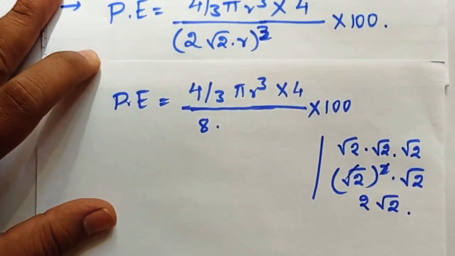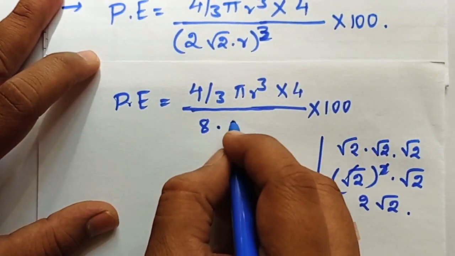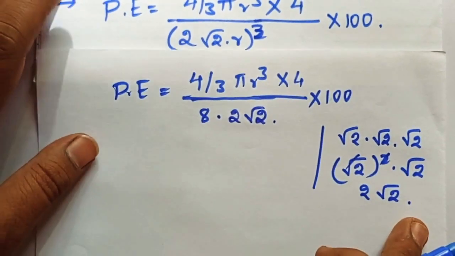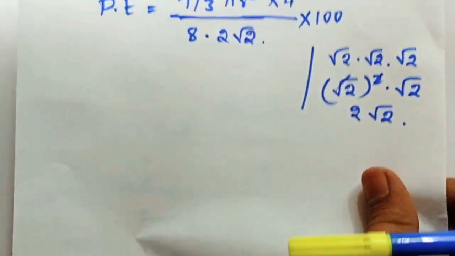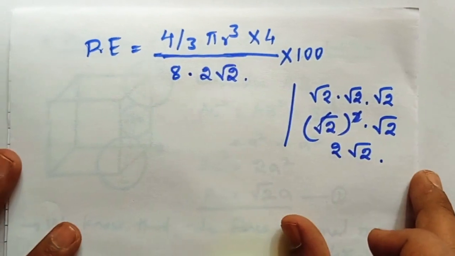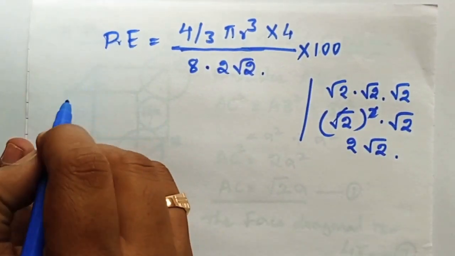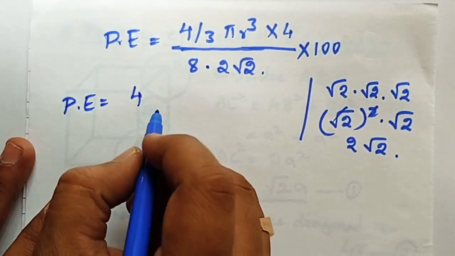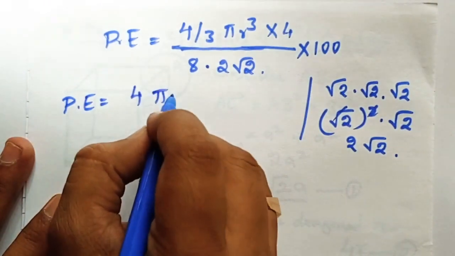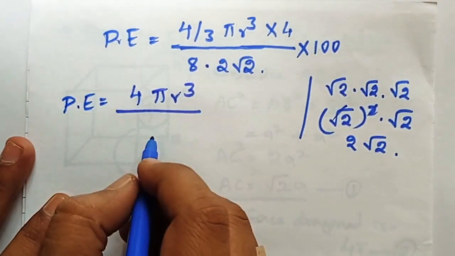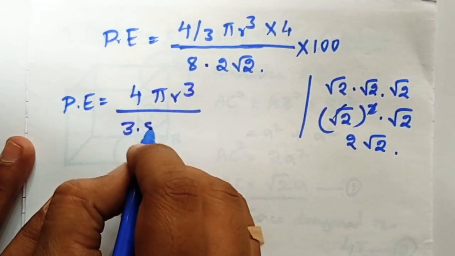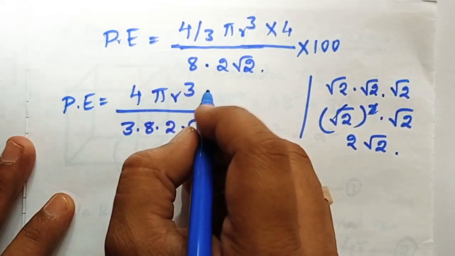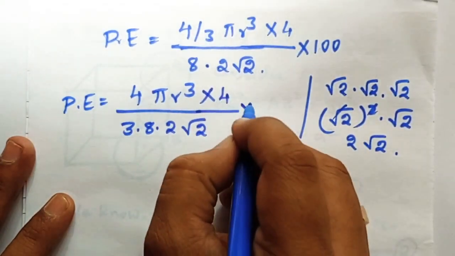So 8 into 2 root 2. Packing efficiency is equal to 4 pi r cube divided by 3 into 8 into 2 root 2, into 4 into 100.